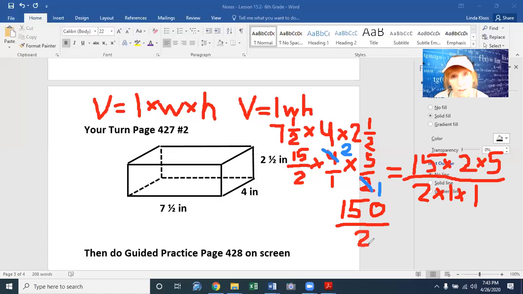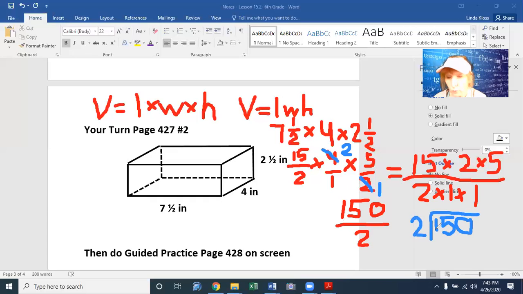Now I'm not quite done, right? I still have to do my division, because 150 is really a mixed number divided by 2, right? So where can I do that? Right here, I guess we'll have enough room. 150 divided by 2. Remember, the top number is always on the inside.